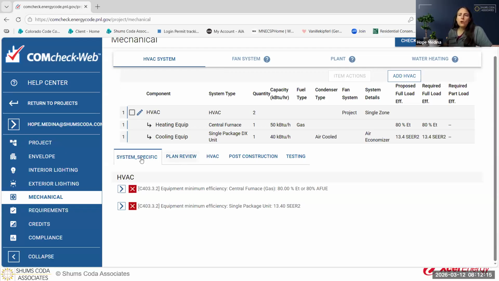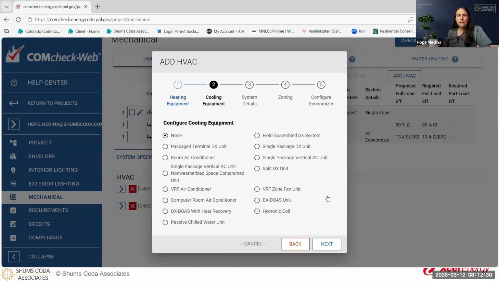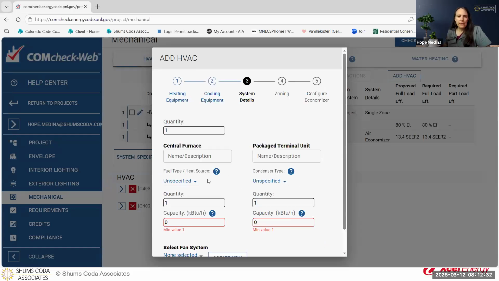But if we wanted to go in and add an HVAC system, we're going to name it XYZ, right? And it's a central furnace, right? And then we're going to say here, I'm just picking things. So now it talks about the name. Oh, we totally spelled it wrong.